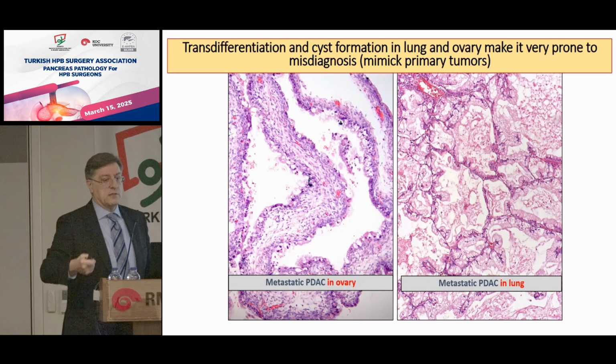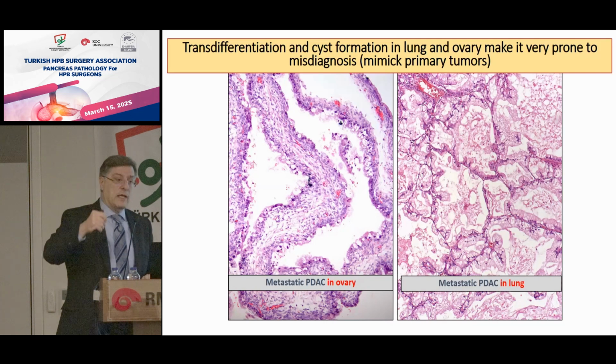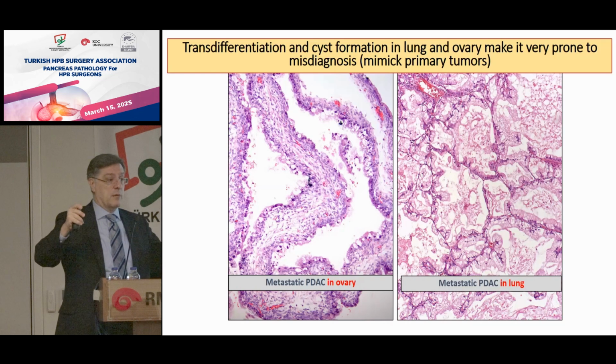So let's say you resected a PDAC and the patient has a lung lesion. By the way, lung metastasizing PDACs often behave well. I don't know why, but solitary lung metastasis cases, and we've seen many of these examples, it must be some biologic phenomenon that if there's a solitary lung metastasis, that's actually often good news for the patient.